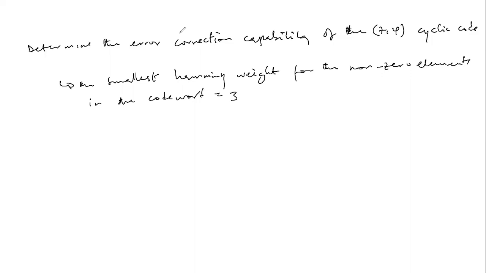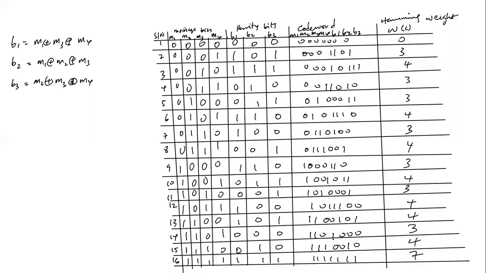If we go back, we see that the smallest Hamming weight here is 3.